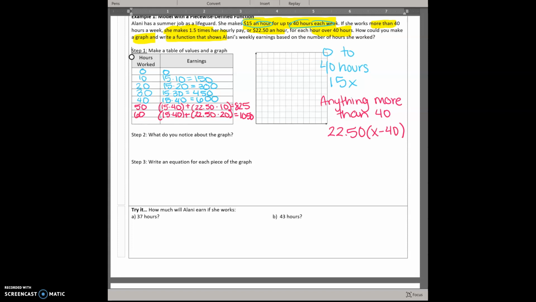So if we were to graph this, our X would be the number of hours. Let's do a different pen here. And then this would be earnings.